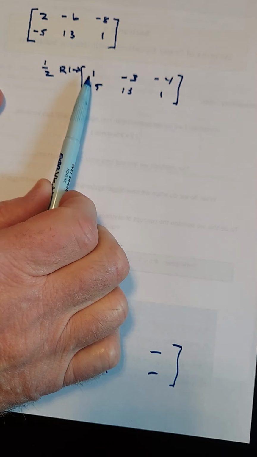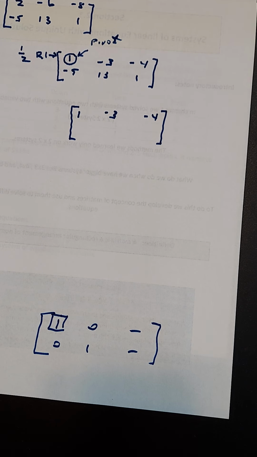Now, the reason we got a 1, I know we want our end result to be that, but now that we have the 1 here, I'm not going to change row 1, I'm going to change row 2. Now I want to get a 0. So I got a 1, I'm going to get a 0. To get a 0, write this down off to the side. This is important for you. To get a 0, multiply and add.